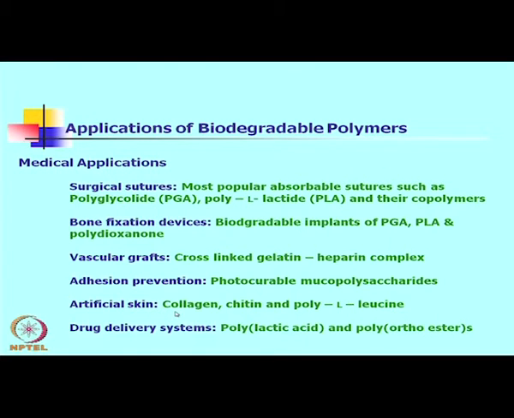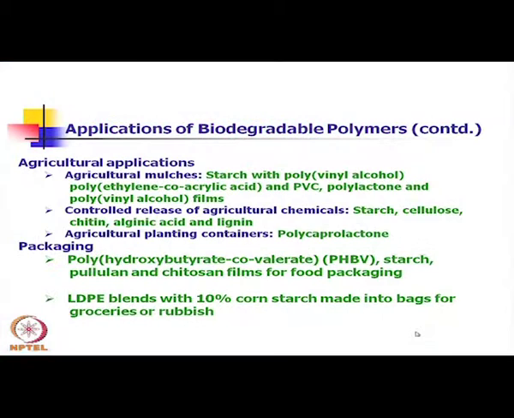Artificial skin was made from collagen, chitin and poly-L leucine, also collagen from fish scale can be used for artificial skin. Drug delivery system, say polylactic acid and polyorthoesters are used as drug delivery systems, and other applications, agricultural mulches, already I have mentioned, controlled release of agriculture chemicals like say fertilizers and other pesticides can also be incorporated in polymer for slow release.